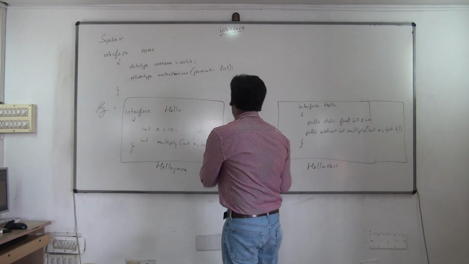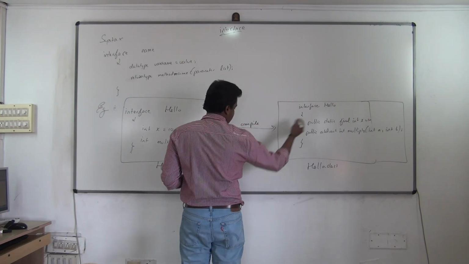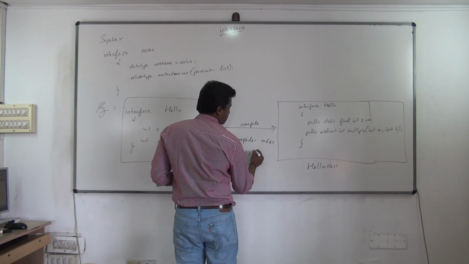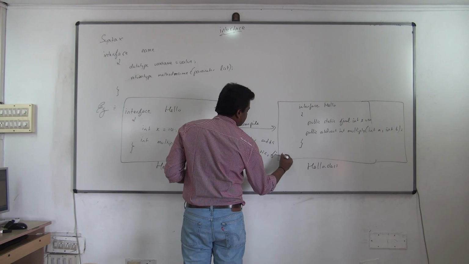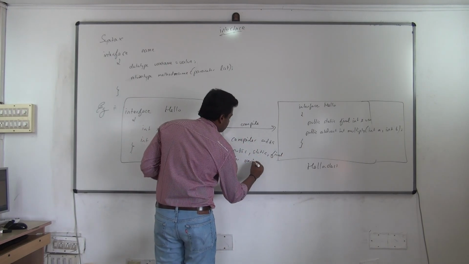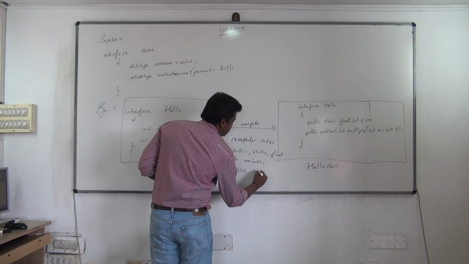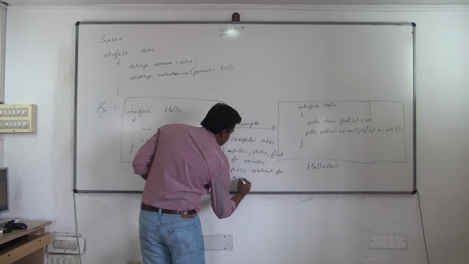So compiler adds the default values. Compiler adds public static final for variables, and will add public and abstract for methods. These are the two things it will add. Who is adding this?